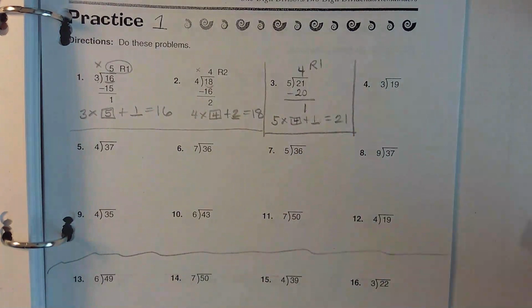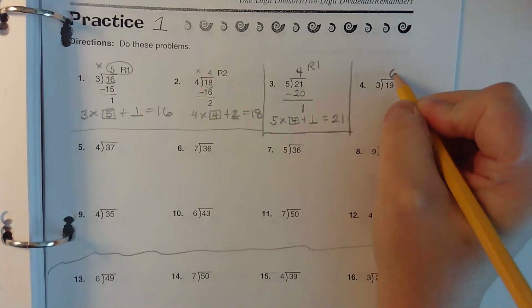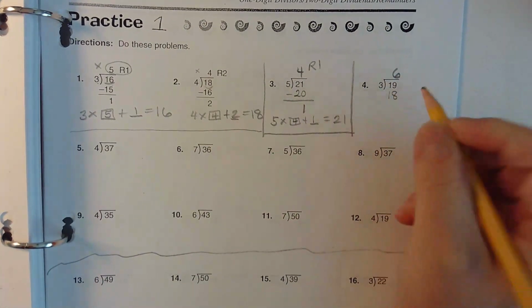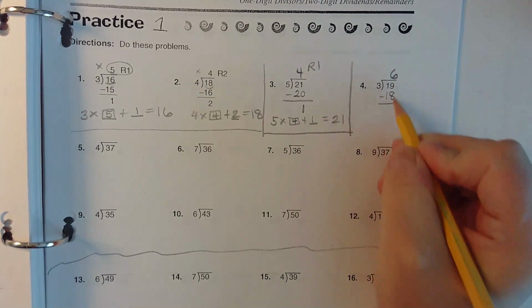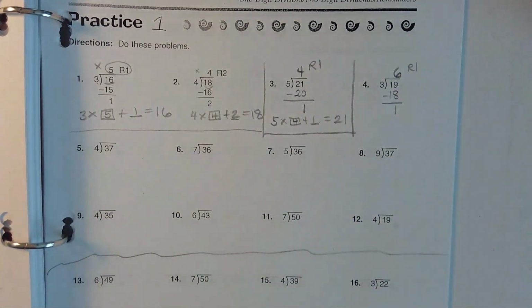All right, number 4, same mental math strategy. 3 times what number plus what number is equal to 19? Well, you should know that 3 times 6 is equal to 18, okay? So 3 times that 6 is equal to 18, plus the remainder of 1 is equal to 19, okay?